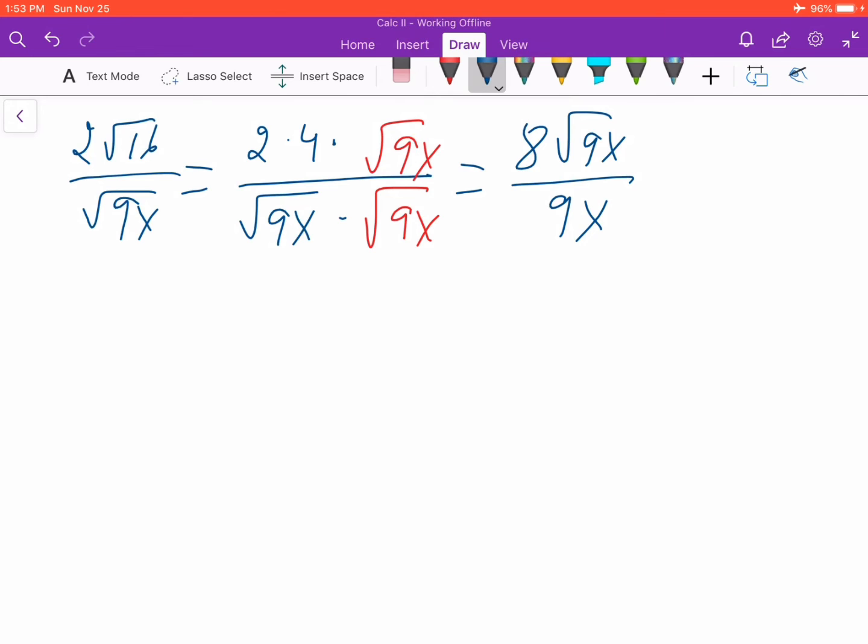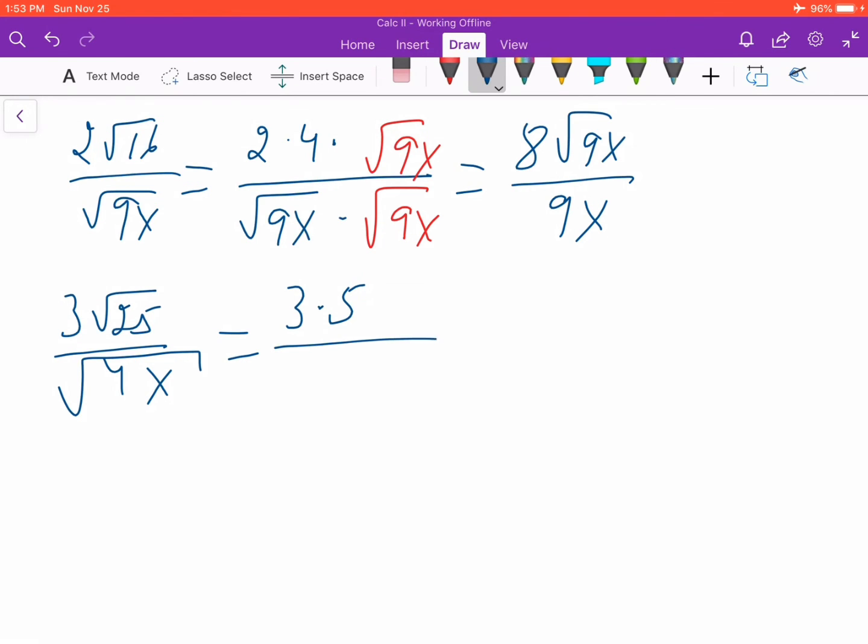Another one. 3 square root 25 over square root 4x. That is equal to 3 times 5, over square root 4x. Well, 4x, let me do it this way. Out of 4, 2 will come out, correct?